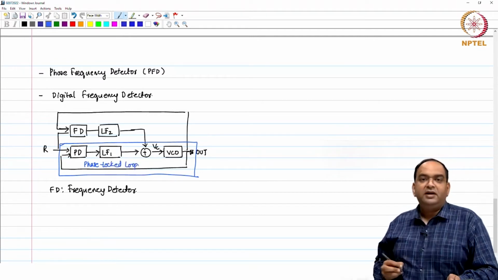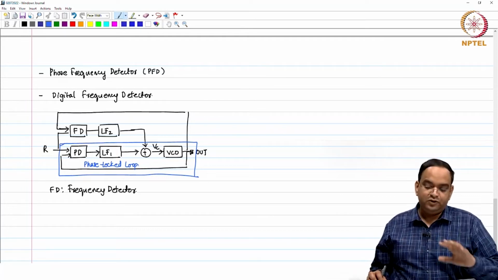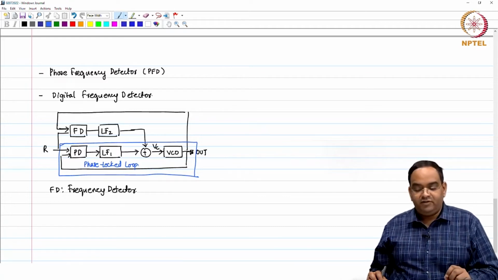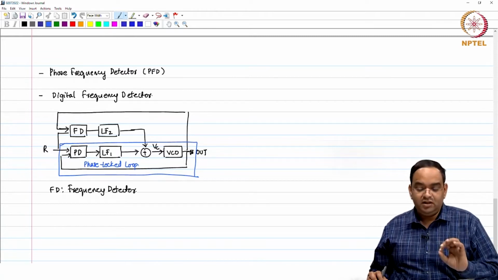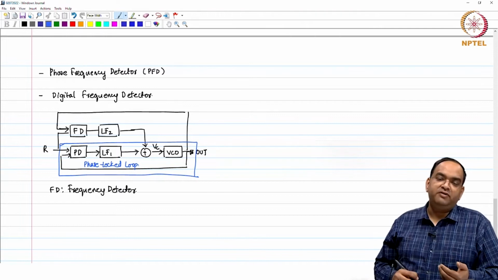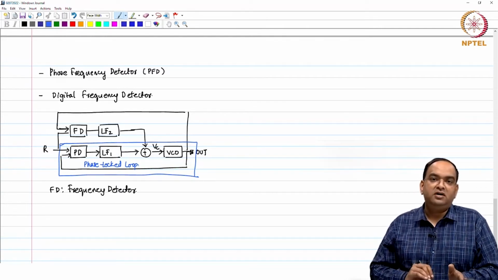Do not think that in a phase locked loop we will not change the frequency. Well, it is also changing the frequency of the oscillator, but at any given instant of time we are measuring the phase error between the reference and the output signal. Whether that phase error is coming because of the frequency error or because of phase error itself is not taken into account.